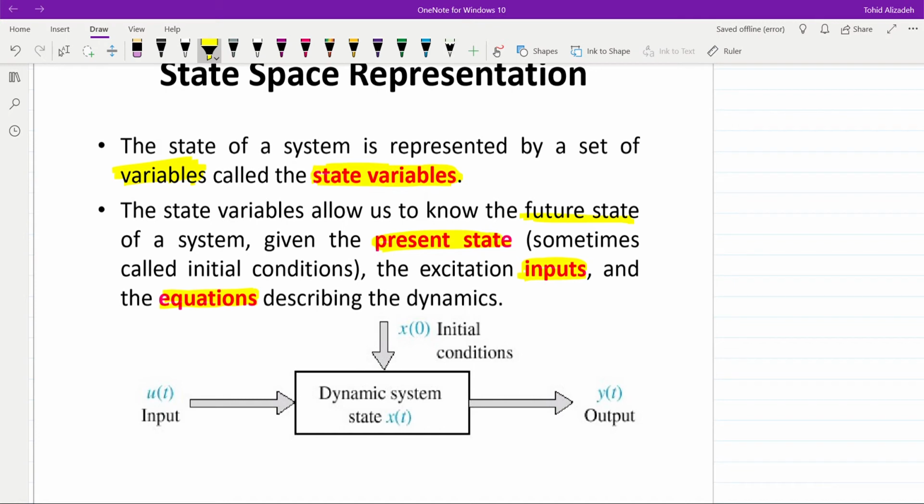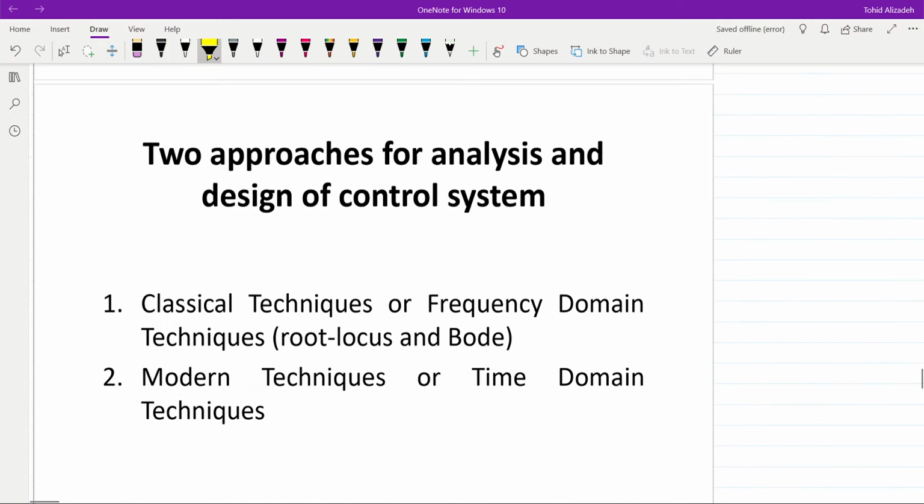We can obtain the value for the future states. Here you can see a simple block diagram of the dynamic system with state x of t, which receives the input, the initial conditions, and the equations governing the system, and we will be able to obtain the outputs of the system and also the next state values.